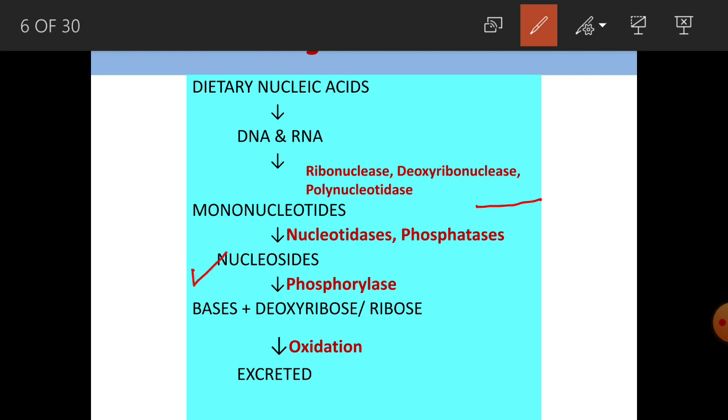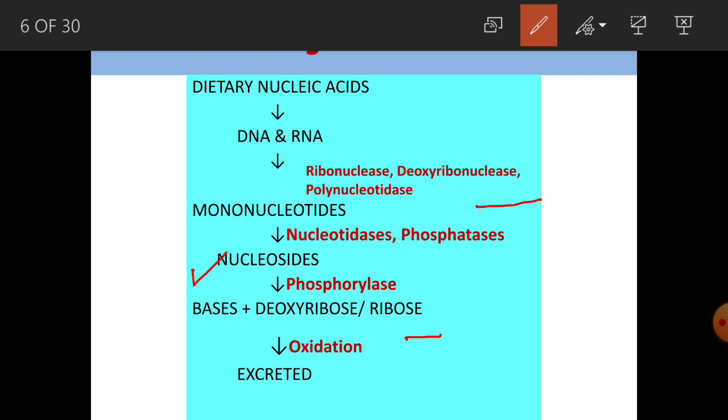Now, these nucleosides will be acted upon by phosphorylase. I had told you they now contain only sugar and nitrogenous base. So that will liberate the base and deoxyribose or ribose sugar. Now, they will be oxidized and excreted.